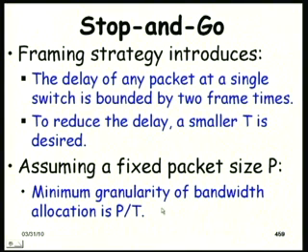Now, assuming that a packet has a fixed size P, the minimum granularity of the bandwidth allocation is P by T. So, T is the time that is available to us to transmit all packets. One packet will take how much time to be transmitted?